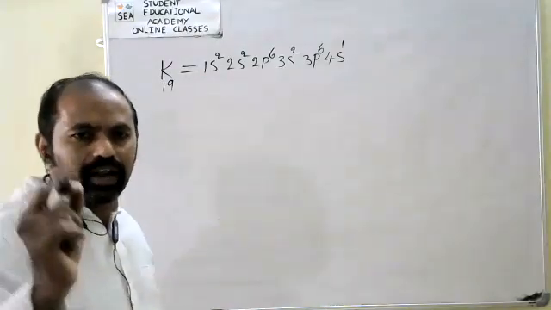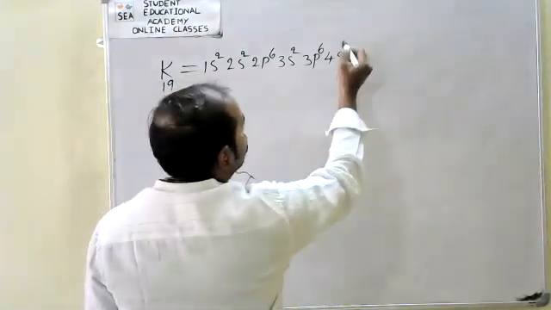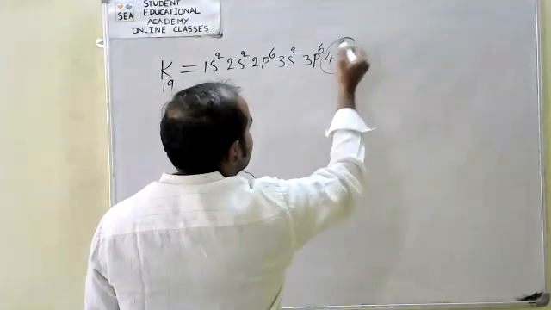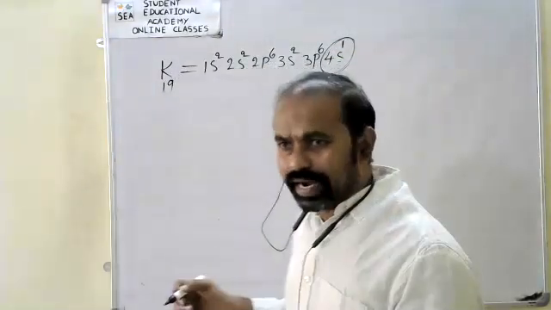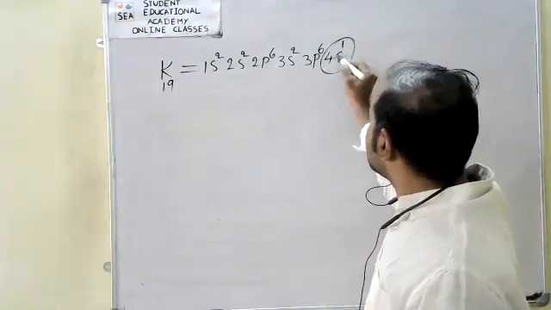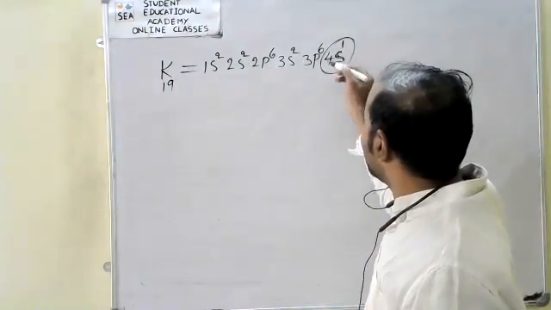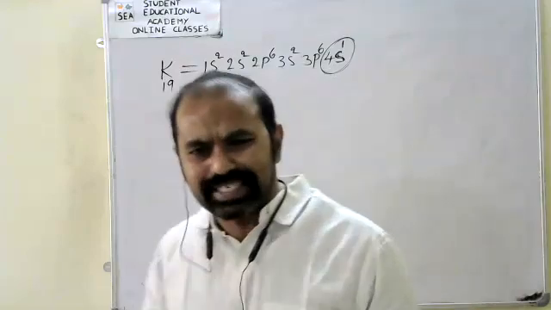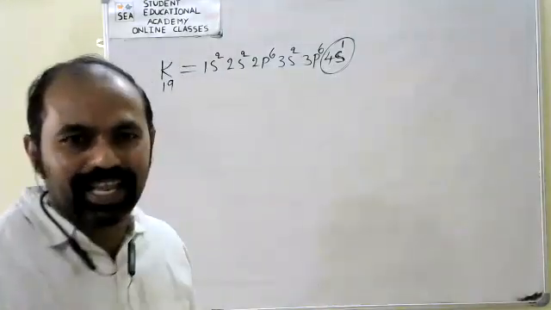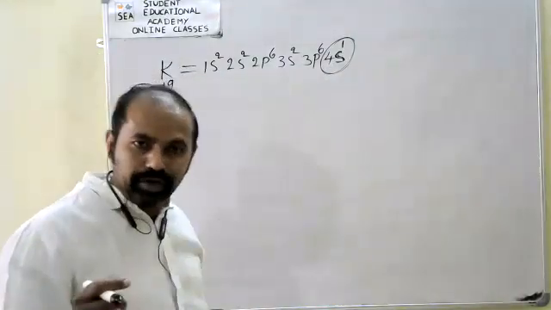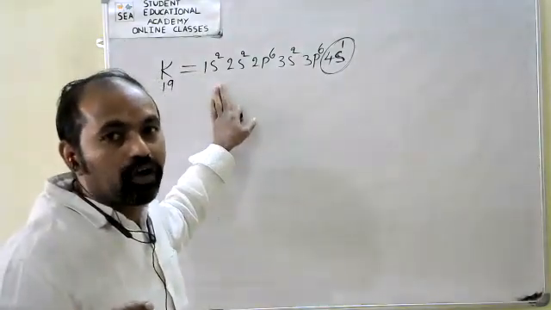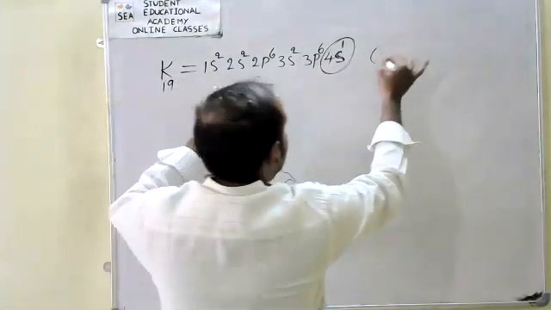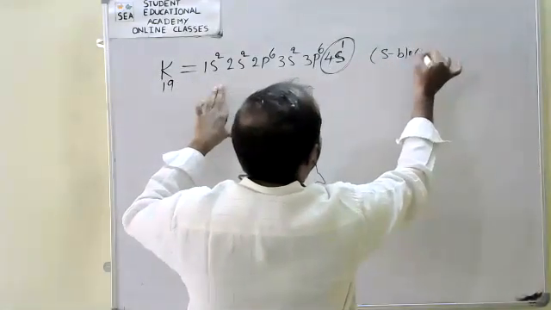See, here the last electron entered into the S subshell, the 4s orbital. So this element belongs to the S block.